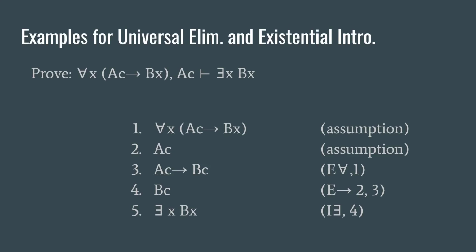That is the introduction of the existential quantifier. Since we have one witness, C, of being B, we can say there is a B. C is a B, so something is a B. That's our introduction of the existential on line 4. So this proof is an example of using both the elimination of the universal and the introduction of the existential.